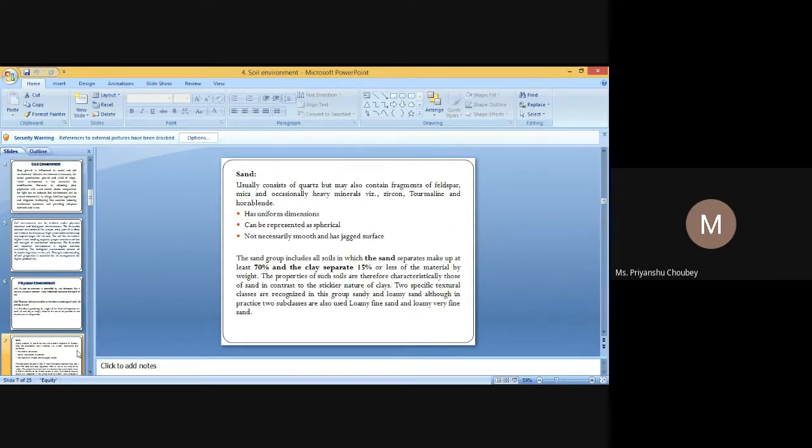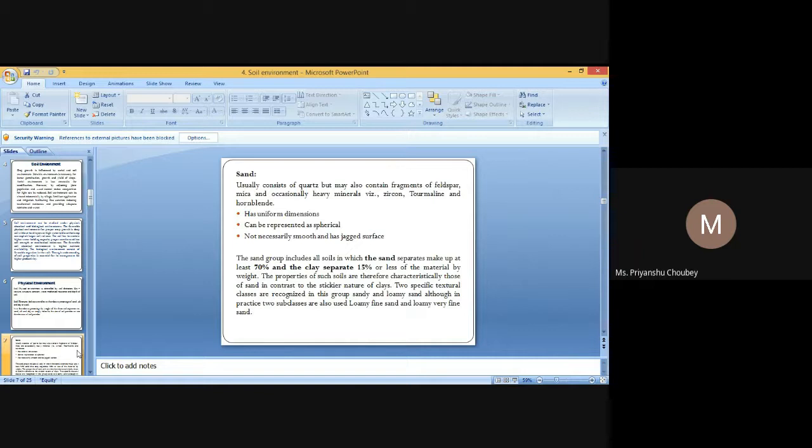Sand usually consists of quartz but may also contain fragments of feldspar, mica, and occasionally heavy minerals like zircon, tourmaline, and hornblende. It has uniform dimensions, can be represented as spherical, not necessarily smooth, and has a rough surface.